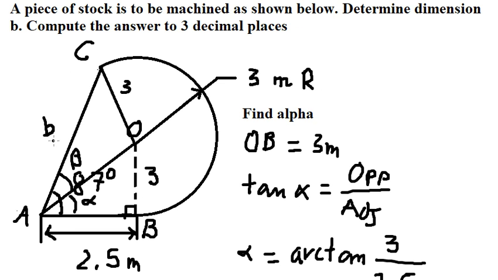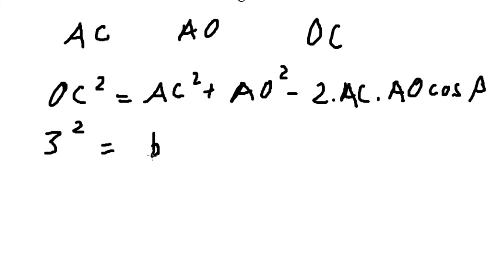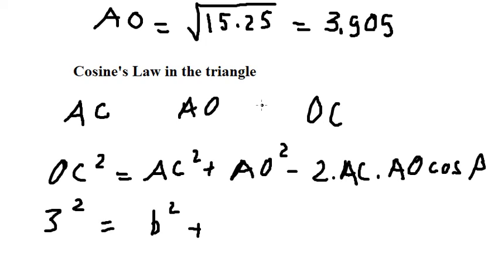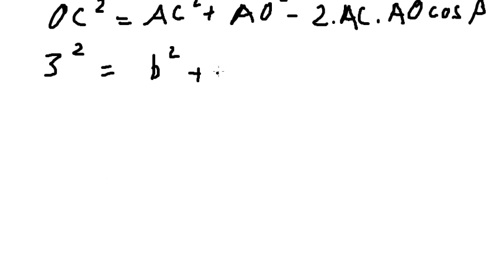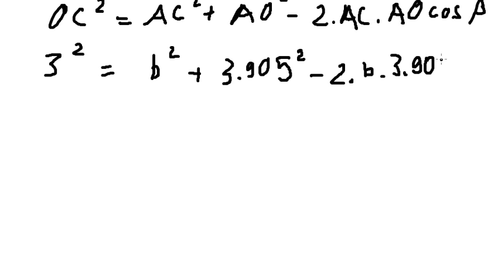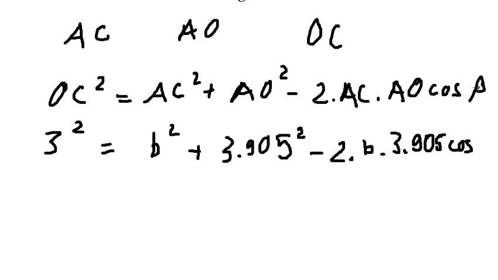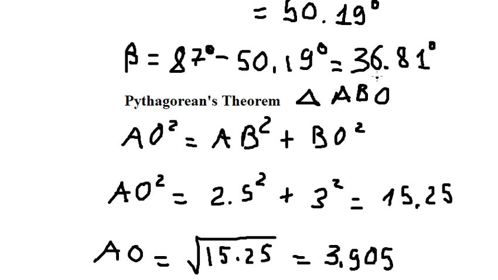Now OC, we have 3. AC, that is B. AO, that is this number in here, 3.905. Minus 2 times B times 3.905 times cosine beta, where beta is 36.81 degrees.